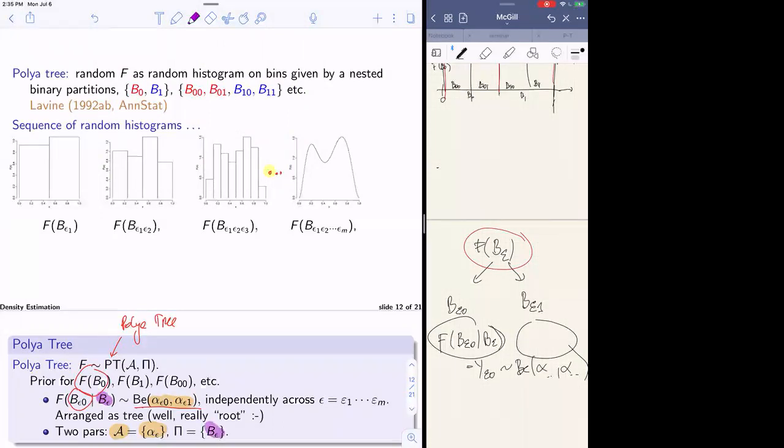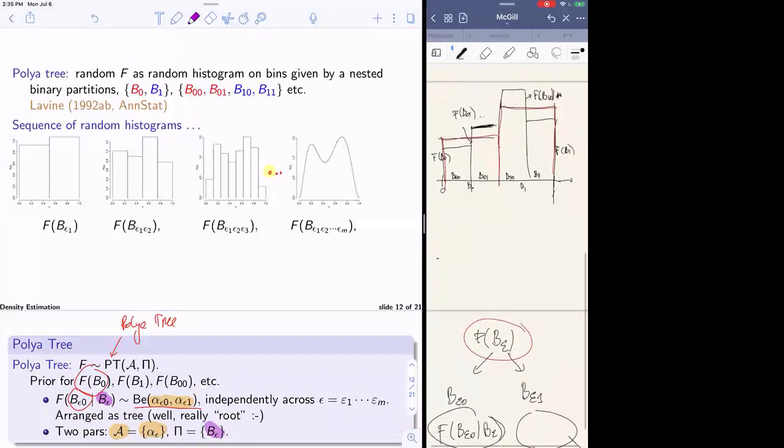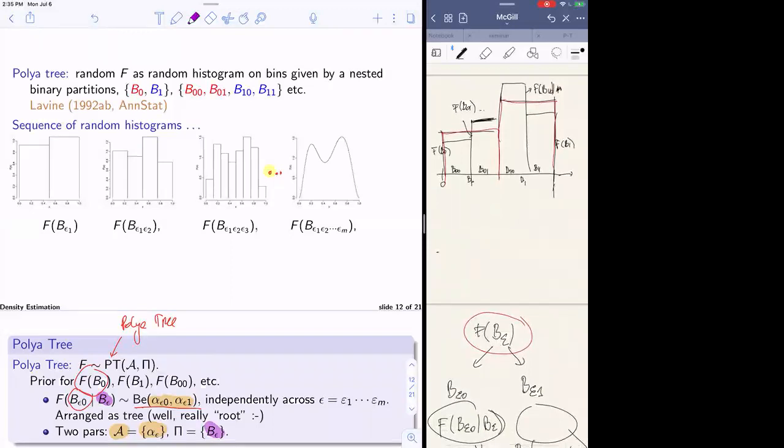That's the second set of parameters. In my little cartoon there on the right side, I cheated. I just took halves and quarters and eighths, etc., hoping that nobody would ask me. In general, though, it's a choice you have to make.